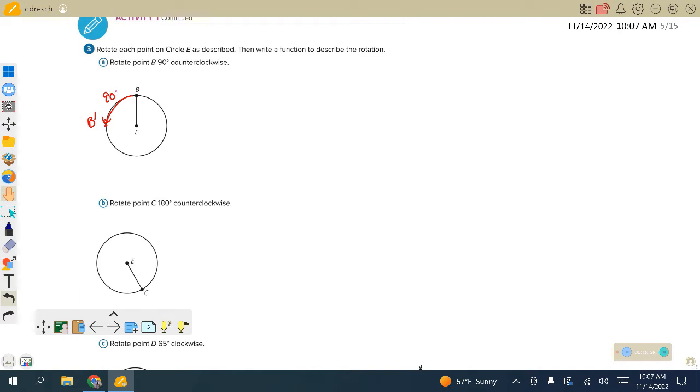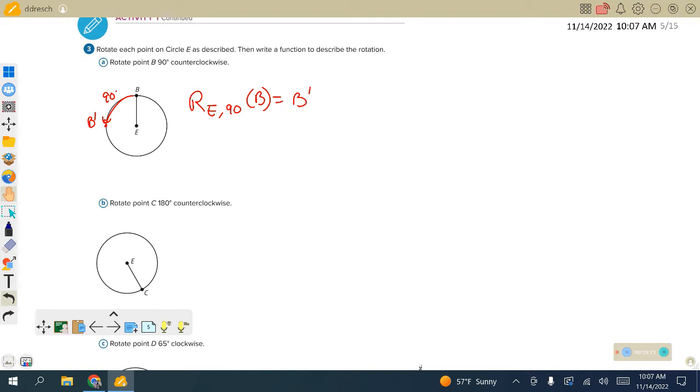So B prime should be there. And what's the rule that you just created? 90. And then, yep, to get B prime. That's what I should see there. If you put a negative 90 there, then where should B prime be located? It should be on the other side.